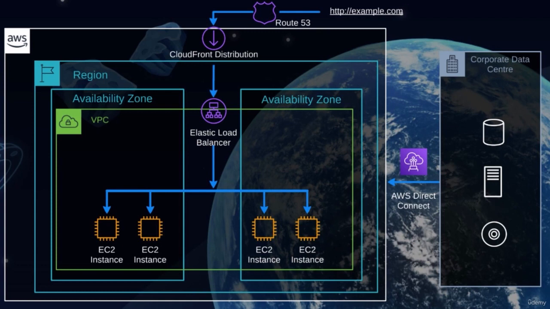A virtual private cloud is your private space within the AWS cloud. The AWS Direct Connect is a high-speed fiber optic network connection between an on-premises corporate data center and the AWS cloud. If you understand that, then you're well on your way to passing the cloud practitioner exam.